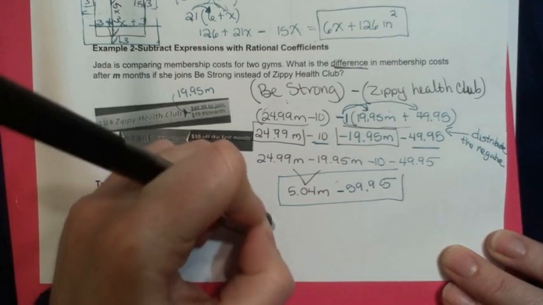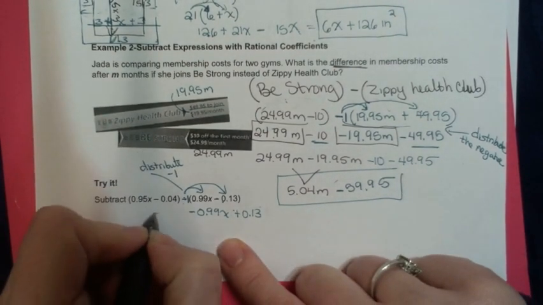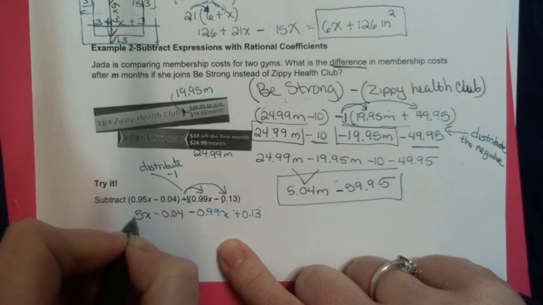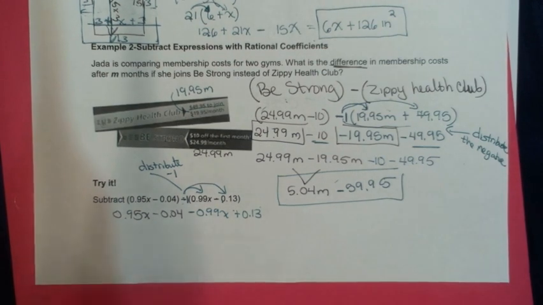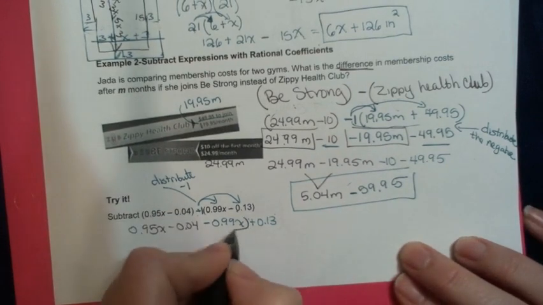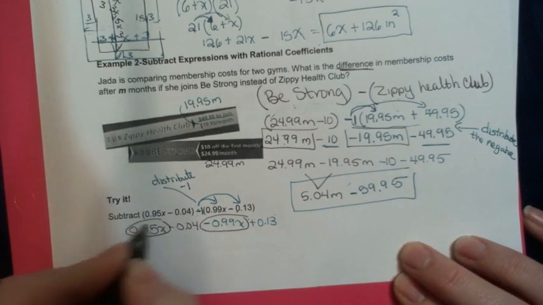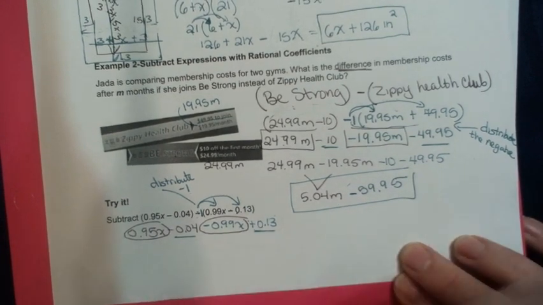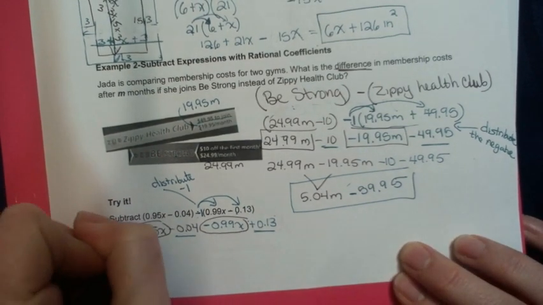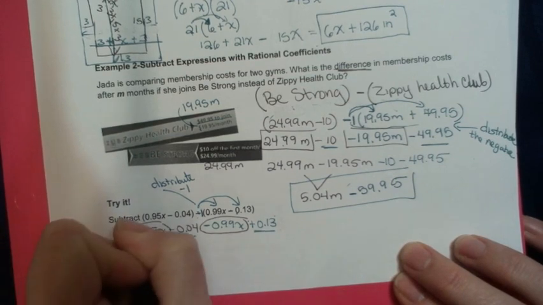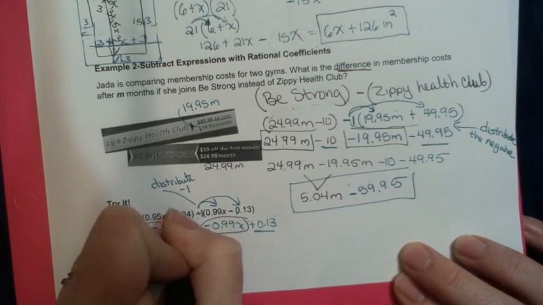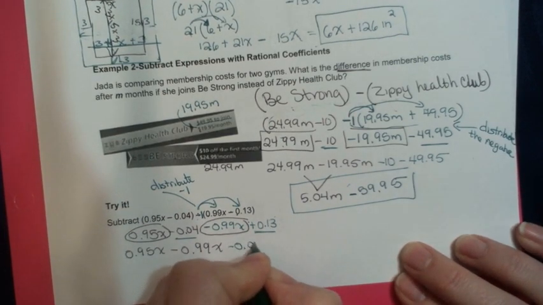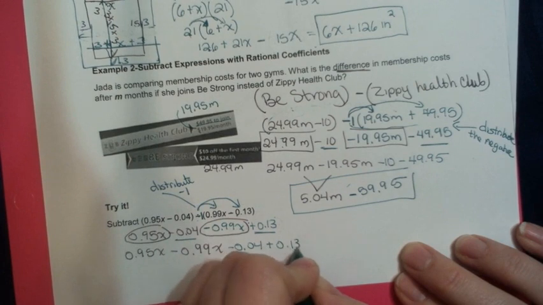All right, now that we did that, I'm going to go ahead and bring down the other one. And I'm going to combine like terms. So 0.95x minus 0.99x minus 0.04 plus 0.13.